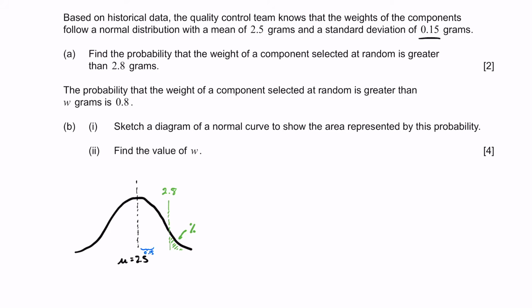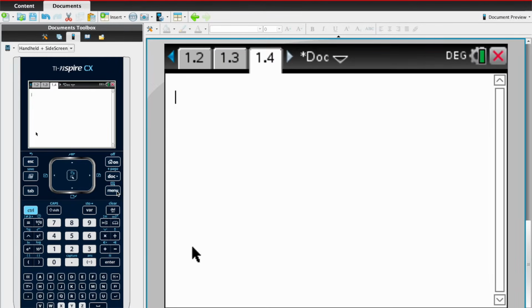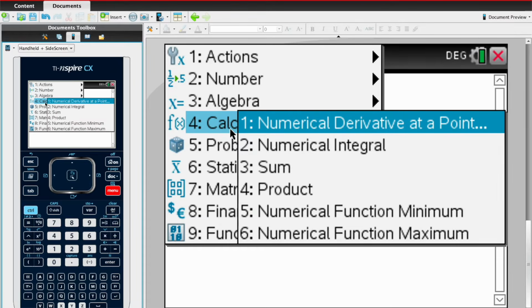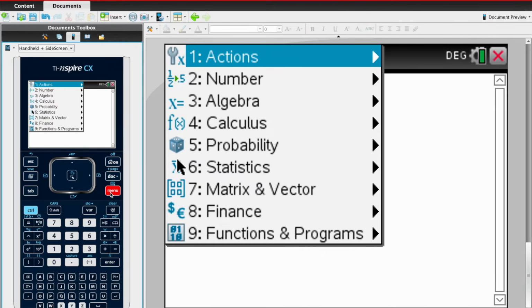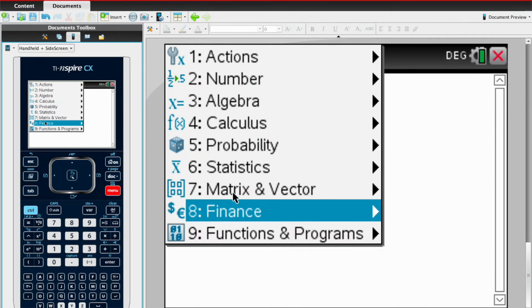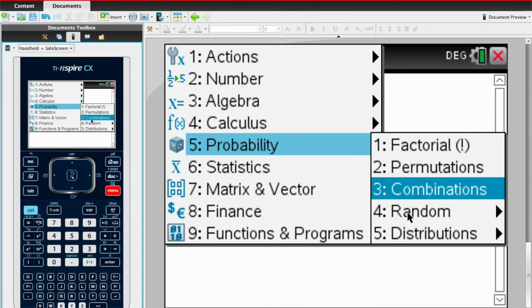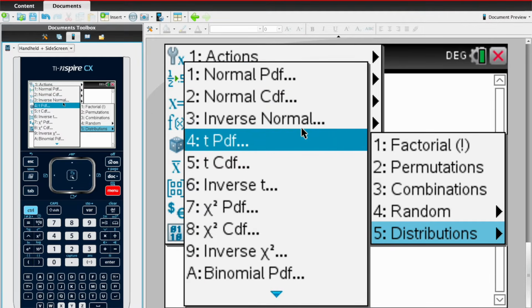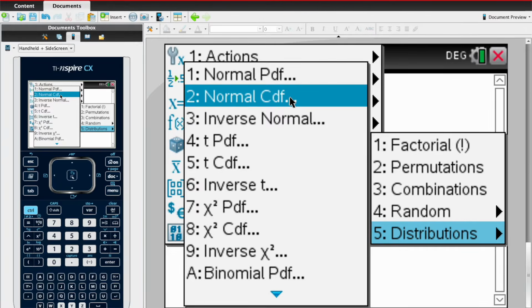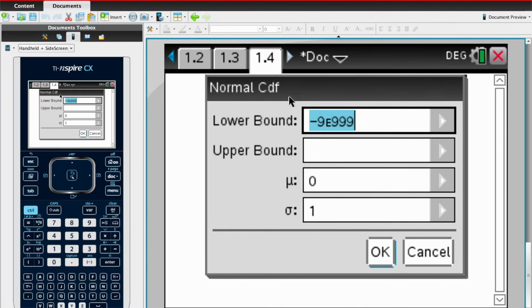So in this case, we've got a normal distribution, we've got a mean and standard deviation. We should be able to go to the calculator and use normal distribution. So here we are. Menu, we'll go into probability, distributions, and let's go normal CDF. Lower bound is 2.8. Upper bound, we just want to make sure that we capture everything to the right.